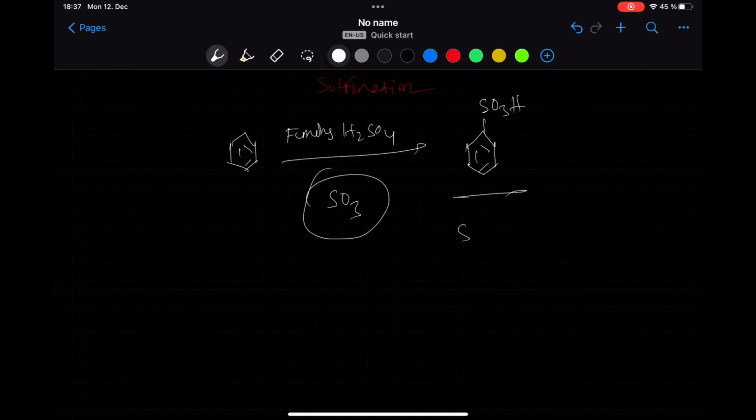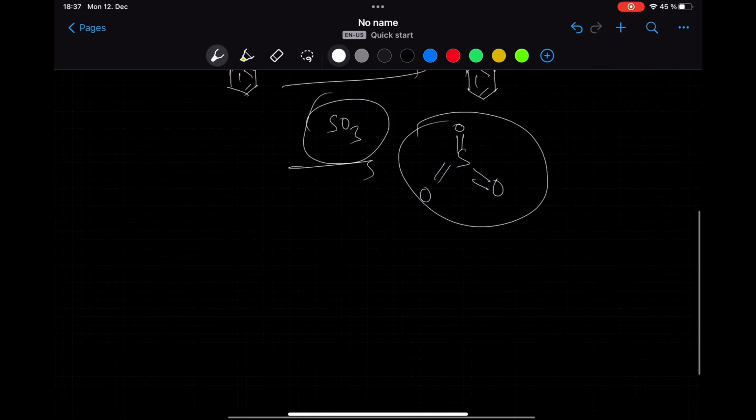But if you look at the structure of sulfur trioxide, which looks like this, you'll probably think, okay, this compound is neutral and it does not have any positive charge, which might not be a strong electrophile, but I say that sulfur trioxide would be our electrophile.